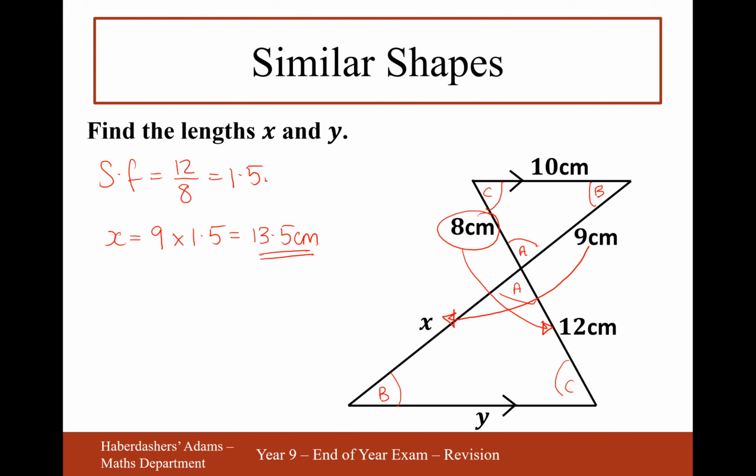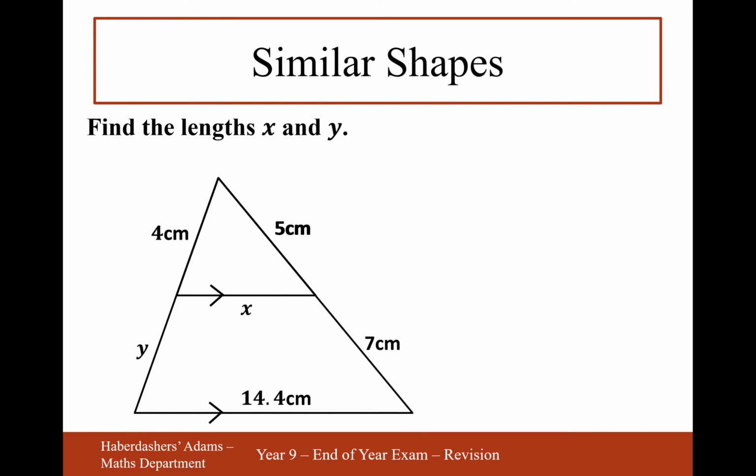And similar with the y, the side y is in between b and c, same as this 10 up here, so it's going to be multiplied by 1.5 to go from the smaller one to the bigger one, so y here is equal to 10 times 1.5, which is 15 centimeters. And there we are, that's the answer to this question. So you're matching these sides up diagonally in these questions.